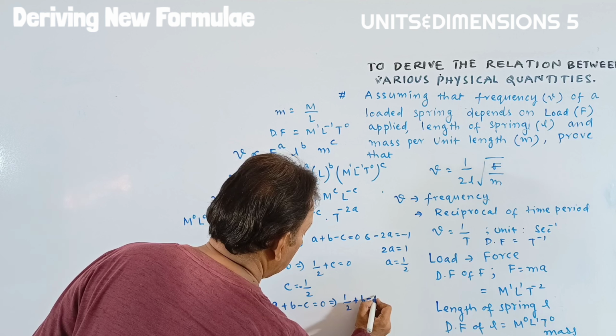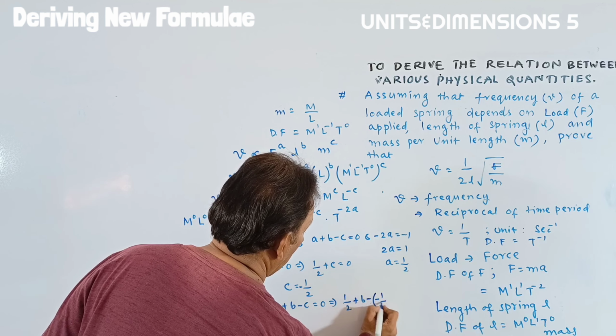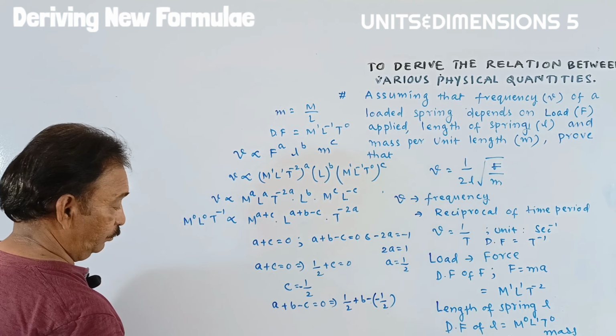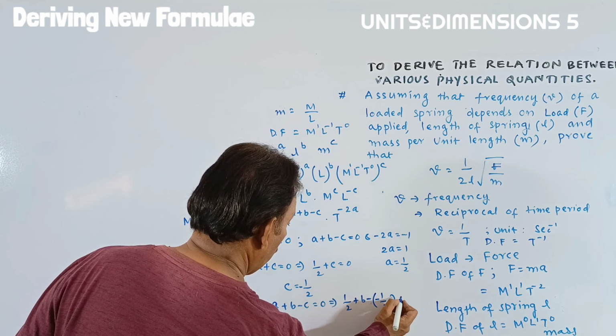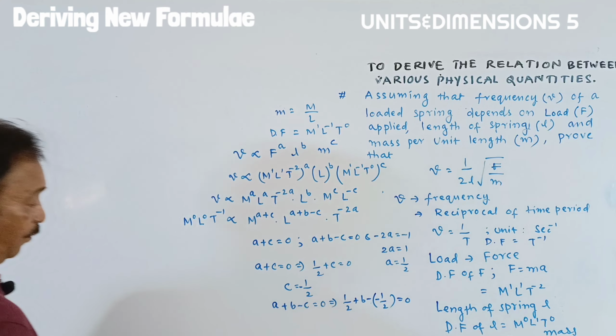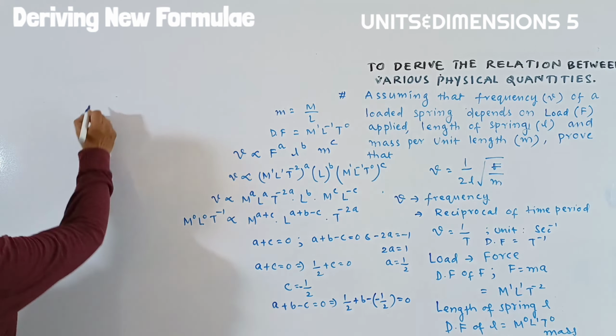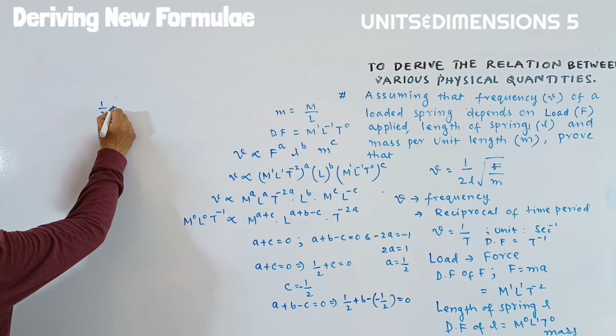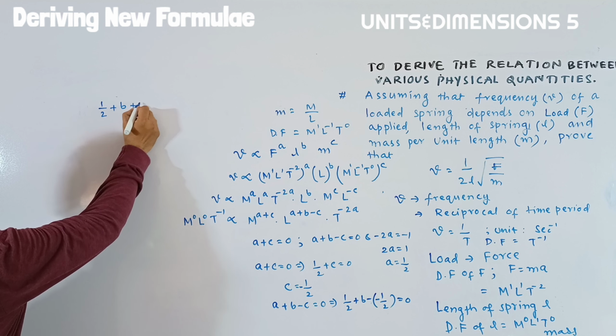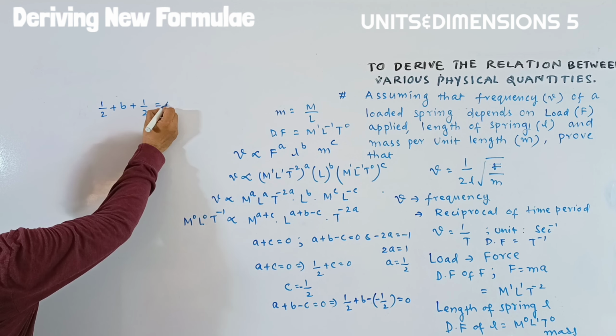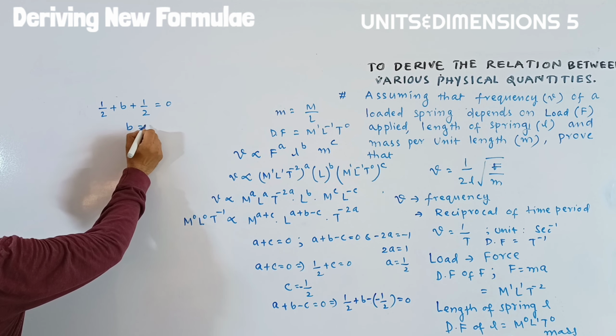That is, minus of minus 1 by 2. Finally we get 1 by 2 plus b plus half is equal to 0.